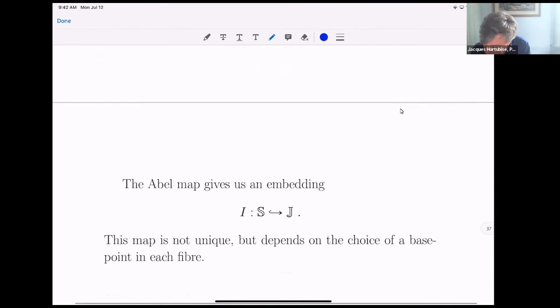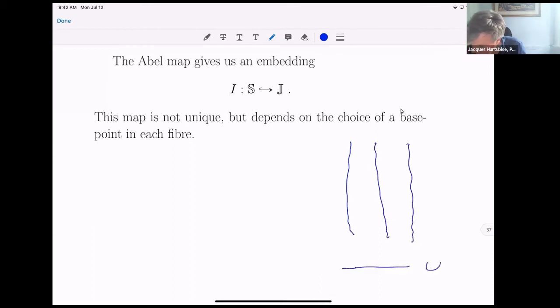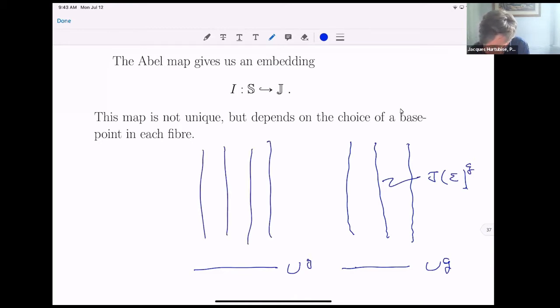Okay. Now, suppose you have that. Well, what have you got? Because it's a family of curves, you've got an Abel map. So let's try to draw this a little bit here. So here's U. Here's the Jacobian of sigma. Here's U again. And now the fiber is G-dimensional, the base is G-dimensional. Here the fibers are one-dimensional, so here's just sigma.